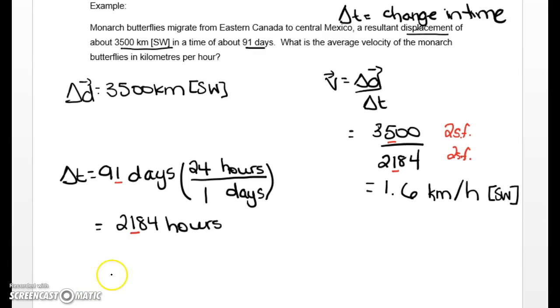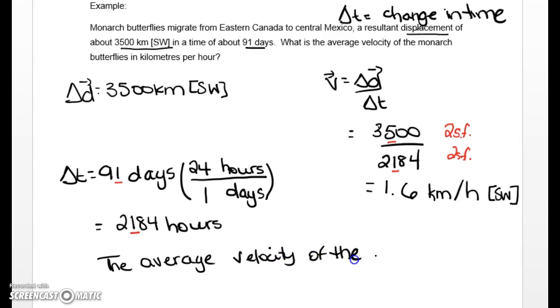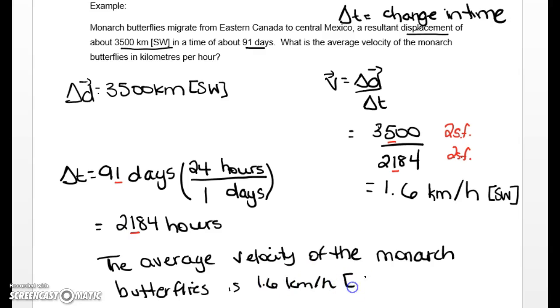So we could say that the average velocity of the monarch butterfly is 1.6 kilometers per hour southwest. So once you've written your sentence, you guys are all good to go.